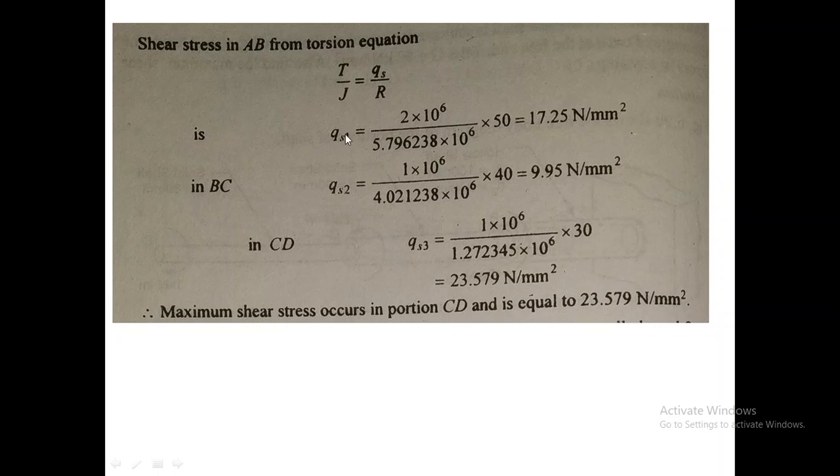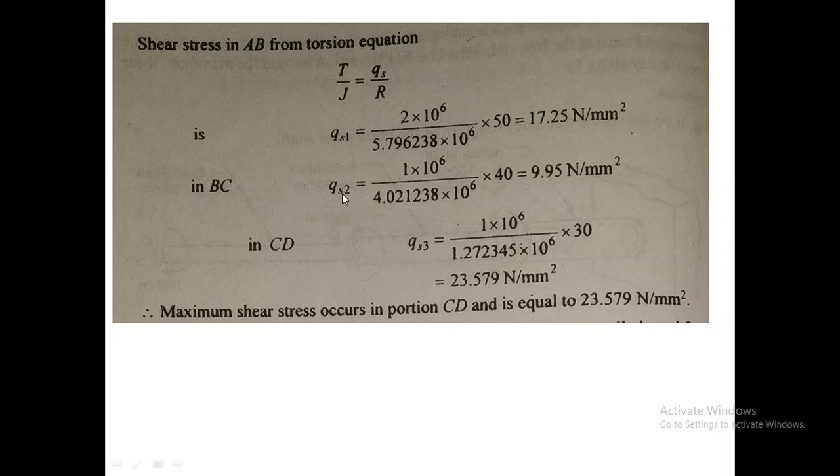So in the first portion, since the torque is known for portion AB, you have to substitute the torque here, and the J value you have found out now. R is known, so you can easily calculate the shear stress tau in portion AB. So shear stress is equal to T into R by J. This is the torque, this is the radius, this is J. Similarly, the same equation holds good for the second portion BC.